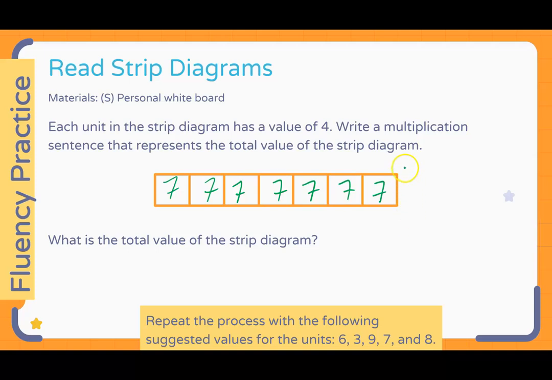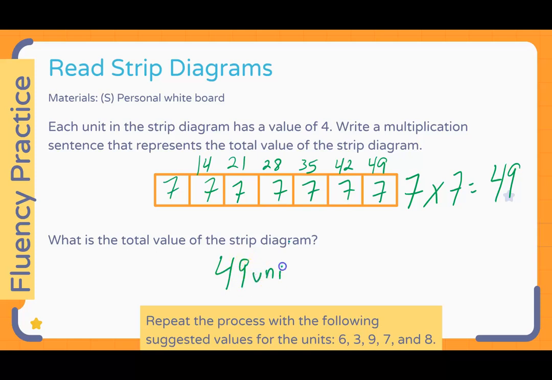Our multiplication equation would be 7 times 1, 2, 3, 4, 5, 6, 7. We're counting by sevens: 7, 14, 21, 28, 35, 42, 49. What is the total value of the strip diagram?